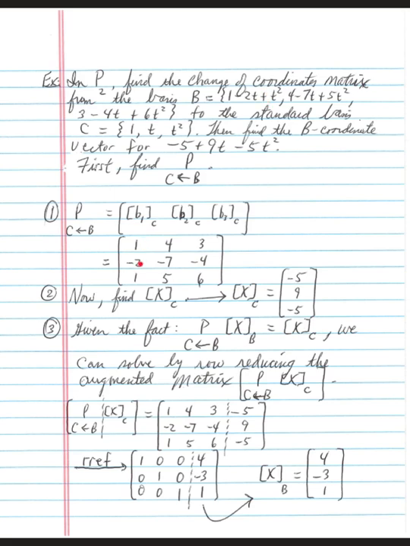Our second part is 4 minus 7t plus 5t squared, but you just want the coefficients, 4, negative 7, 5. And then finally the third, 3 minus 4t plus 6t squared, so 3, -4, positive 6.